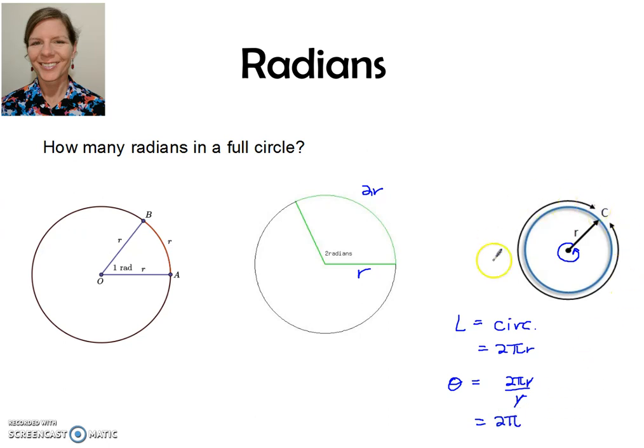In a full circle of 360 degrees, you have 2 pi radians. So a full circle is 360 degrees, but it is also 2 pi radians, and that's a fundamental fact that you need to hang on to, because we'll keep returning to it over and over again.